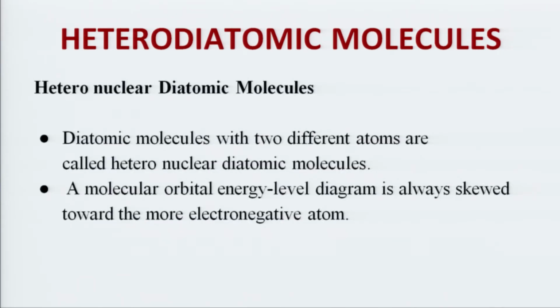Now, let us move on to the next topic. Up to oxygen we have studied, and I hope things are clear to you up to oxygen. Heteronuclear diatomic molecules: one thing very important is that when we draw the MODs of heteronuclear diatomic molecules, the diagrams are a little skewed or tilted.